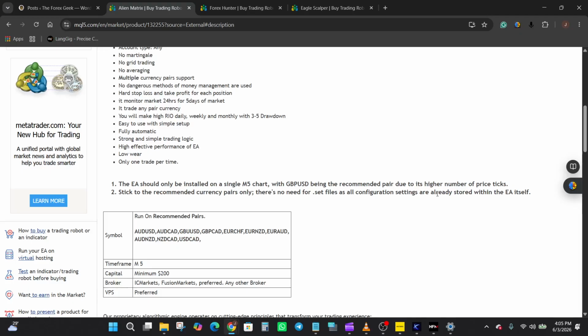They highlight hard stop loss and take profit on every position, and they repeatedly mention that there are no dangerous money management techniques involved. They also recommend using a VPS so the system can stay connected and running continuously. So now I'm just going to move into the strategy tester and take a look at the historical performance and how this EA behaves on the chart over time.